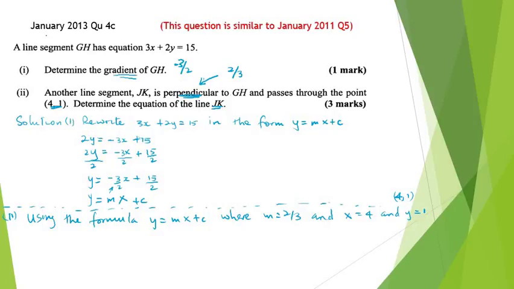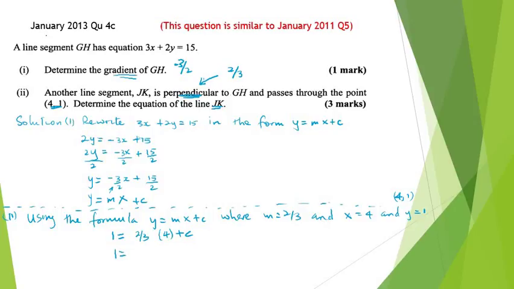Substitute now. 1 is equal to m, which is 2/3, times x, which is 4, plus c. So 1 is equal to 2/3 times 4.